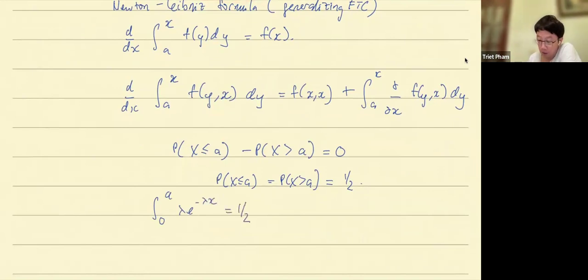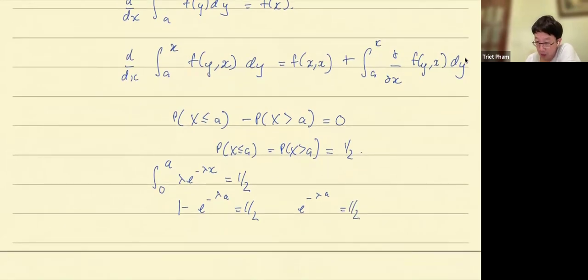If you anti-differentiate this, you get 1 minus e to minus lambda x. Hold on, I apologize. 1 minus e to minus lambda a. So e to minus lambda a is a half.